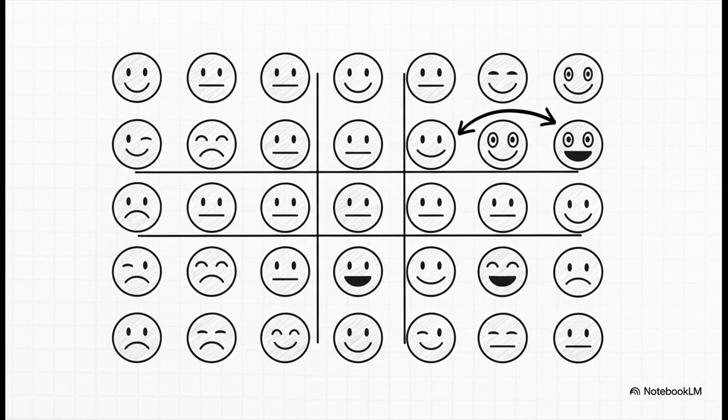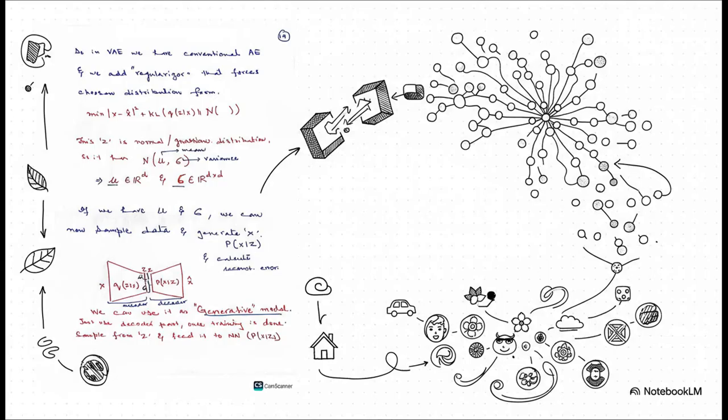That latent space, that code space in the middle, it's no longer just a messy jumble of disconnected points. It has become a smooth, continuous map of concepts. Points that are close together on this map correspond to images that are similar in the real world. You can literally start at a point that represents a smiling face, move just a tiny bit on the map, and you might get a face that's smiling just a little bit less. It's all connected.